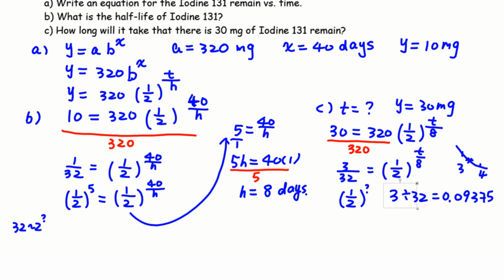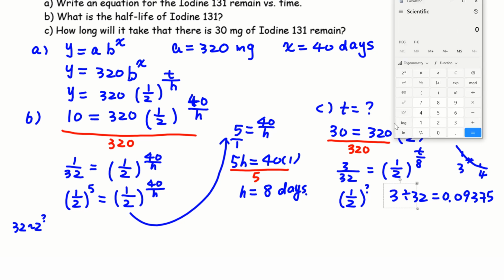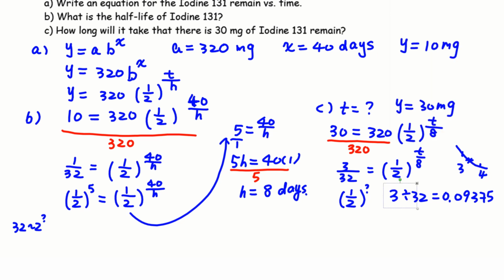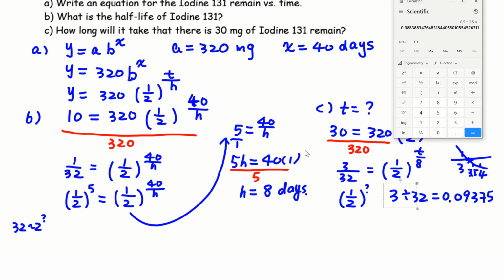Then we try 3.5. So we keep going to the middle, to the exponent 3.5. Then you see this number is smaller, so 3.5 is here, not that one. So we need a number around this 0.09. So we need to go smaller. We are going to try 3.4. 0.5 to the exponent 3.4 gives you 0.094.